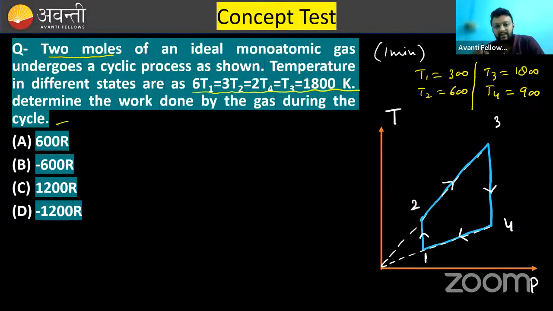The area thing is related to the PV diagram, but this is not a PV diagram. This is a PT diagram, pressure and temperature. So make sure that whenever you calculate the area, the graph should be in P and V. So that is not going to be the solution here.